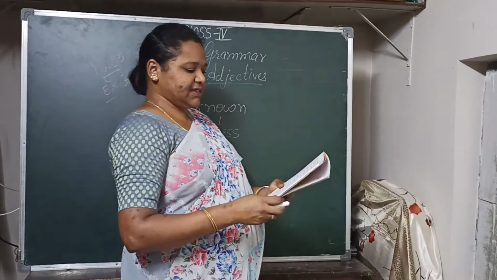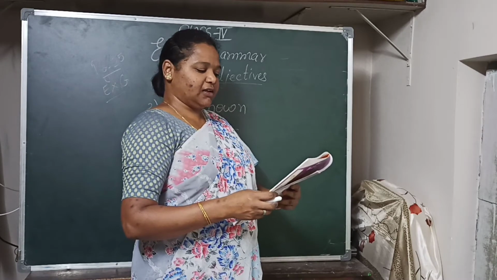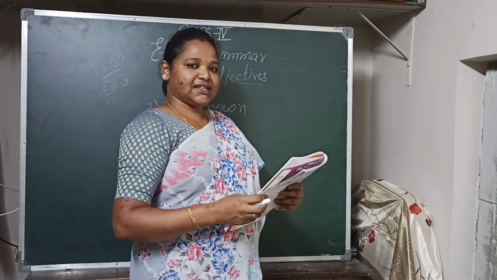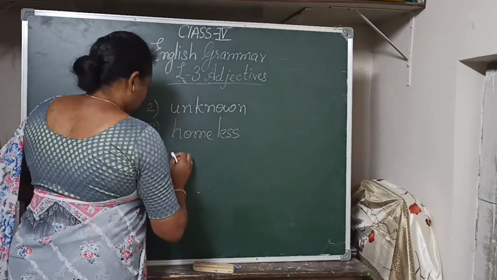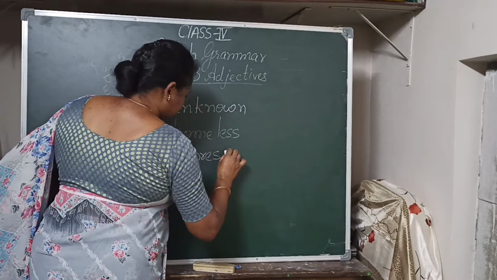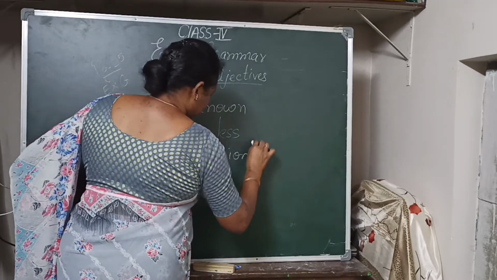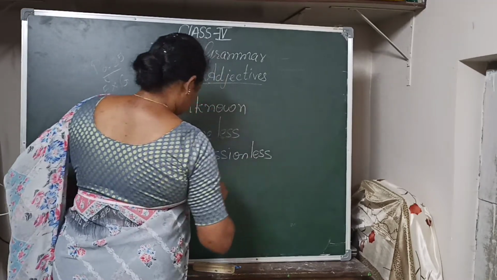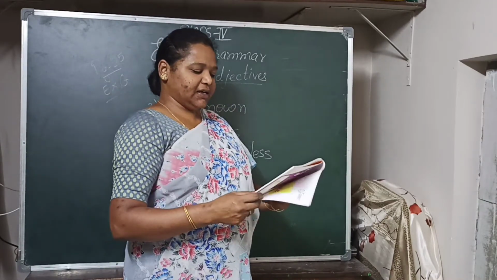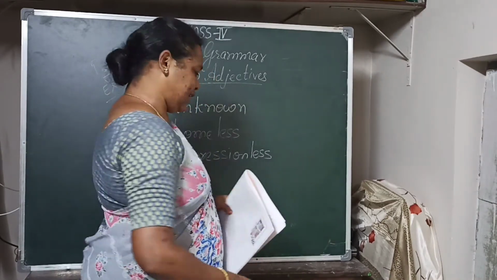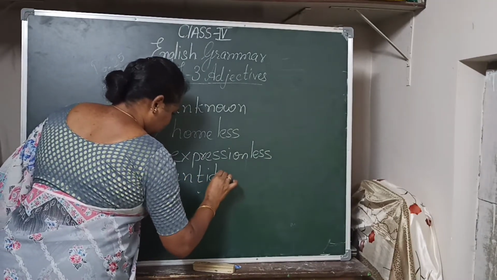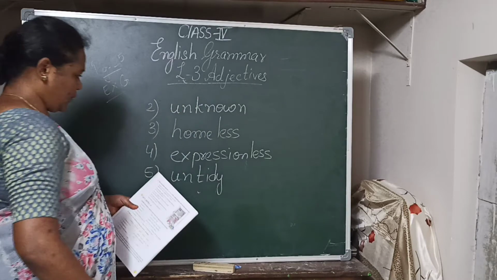Then fourth one: Chris gave the right expression while performing, but his co-star stood expressionless. Not an expression, but expressionless. And the fifth one: Rani's desk is tidy, but her cupboard is untidy. Copy it down, children.